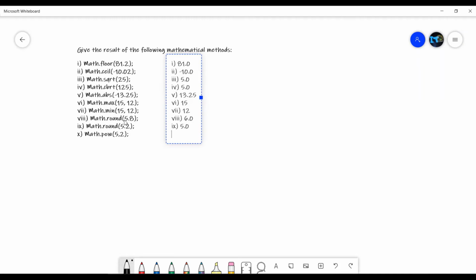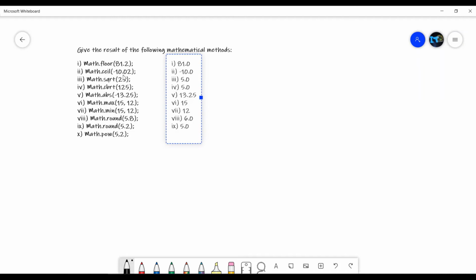But similar methods are floor and ceil. The floor method rounds down the value. If the value is 81.9 or 81.8, then the method returns 81.0 only, meaning the lower side of that number. If you use the ceil method, then it rounds up the value.